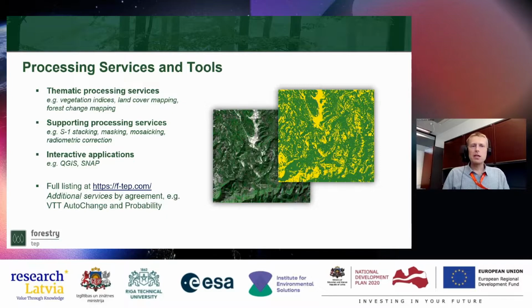Then there are supporting processing services, which are more like pre-processing of satellite data sets. These are typically stacking of different images together, or mosaicing them, or masking, doing radiometric correction, and these kinds of things.